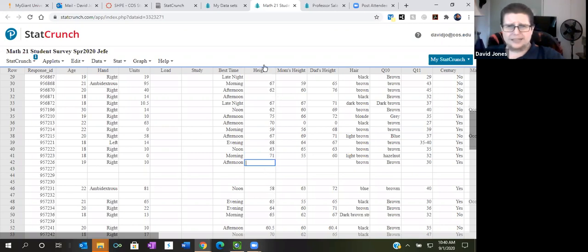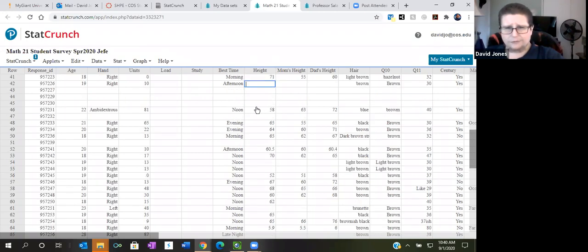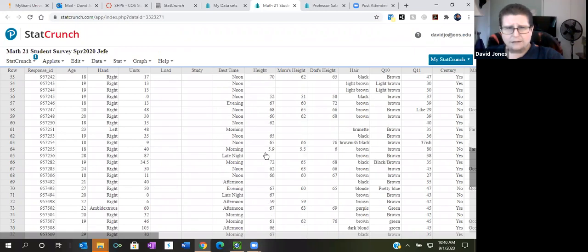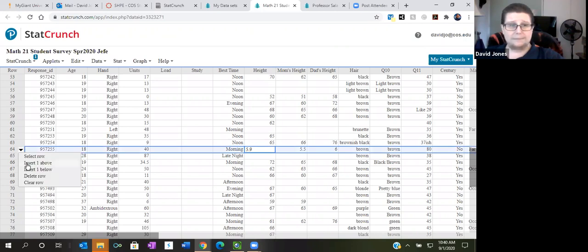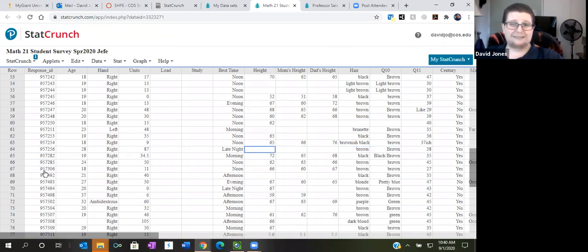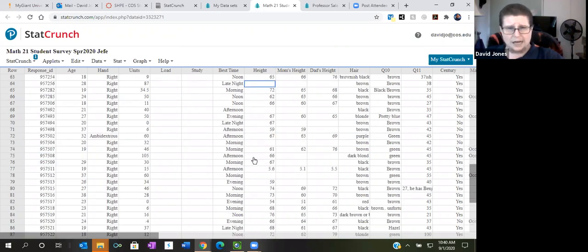And I'm going to check to see if anyone else made any other errors before I go on. 5.9. I don't know if they meant 5.9 or 5 foot 9 inches. Since I don't know what they meant, I'm going to delete that row. 5'6". Do they mean 5.5 feet tall, or was it a little over half?